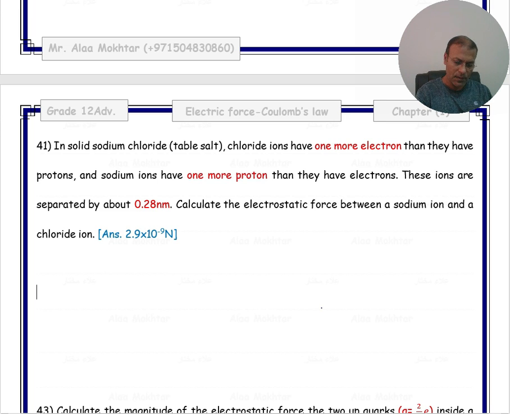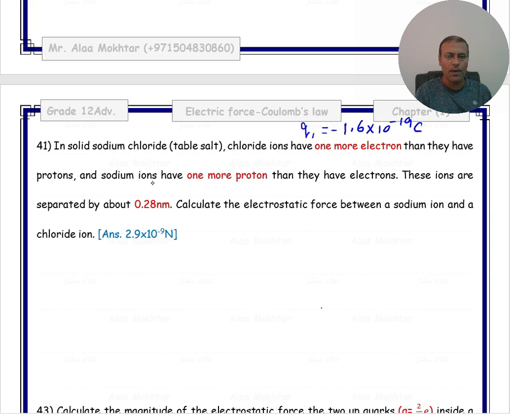So in the question, the chloride ion has one more electron, so it's negatively charged. One electron more means Q1 equals negative 1.6 multiply 10 to the negative 19 coulombs.